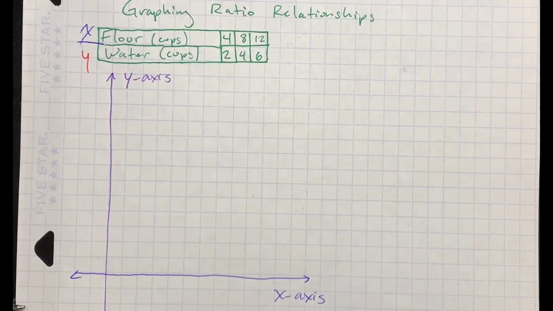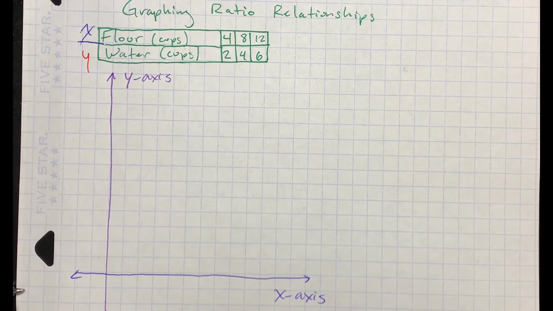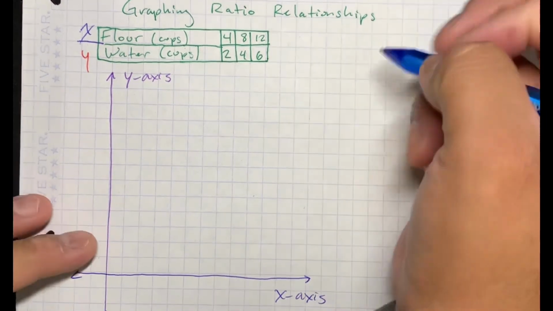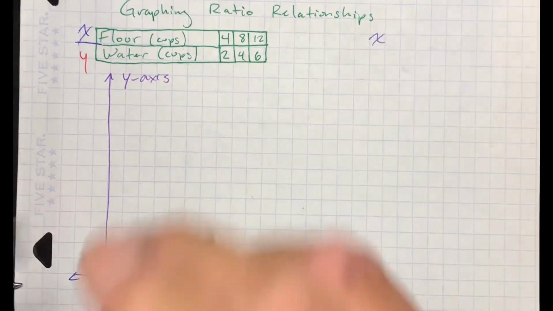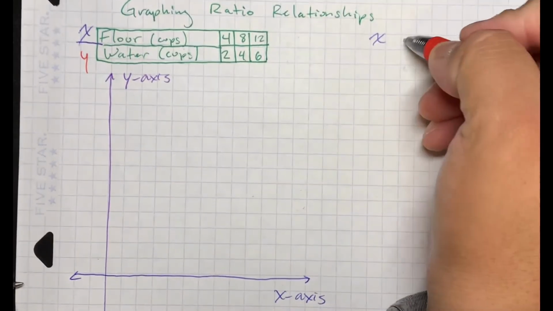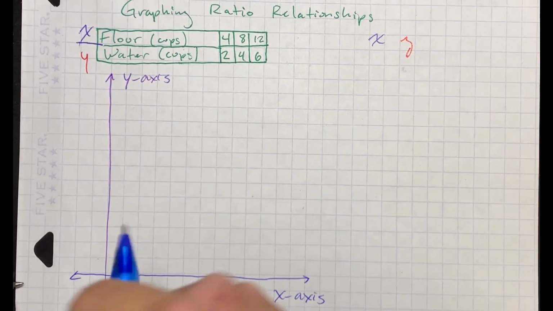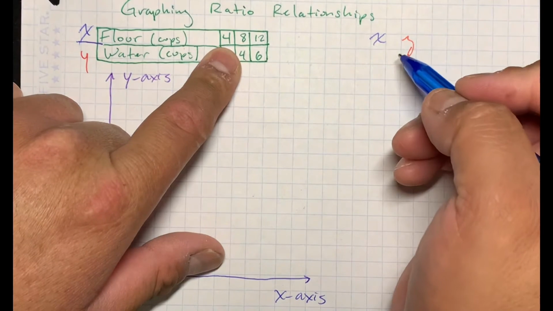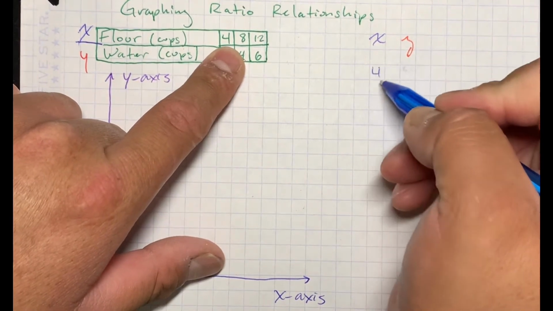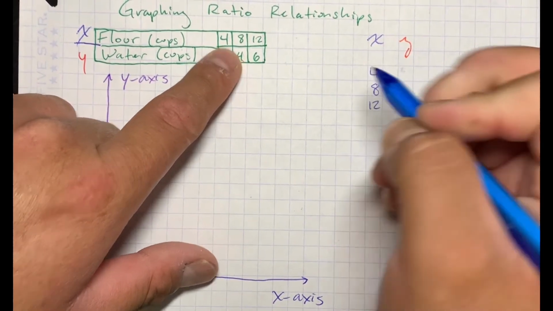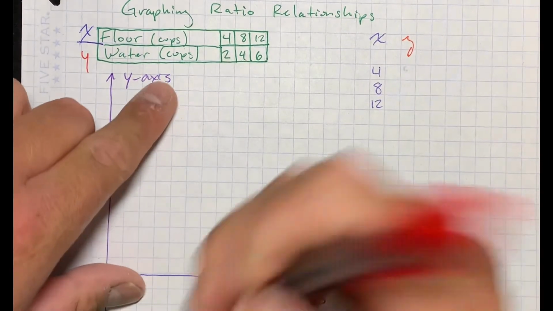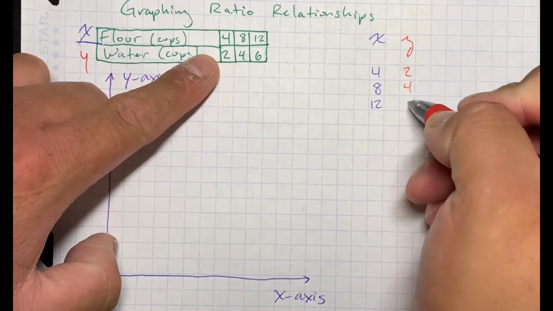Okay. So what we're going to do with that is, if it helps, we can write all the x coordinates here and all the y coordinates there. So let's write all the x coordinates. So we have 4, 8, and 12, and all the y coordinates 2, 4, and 6.